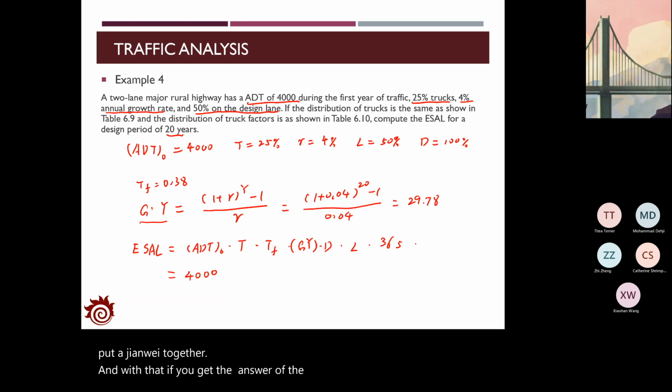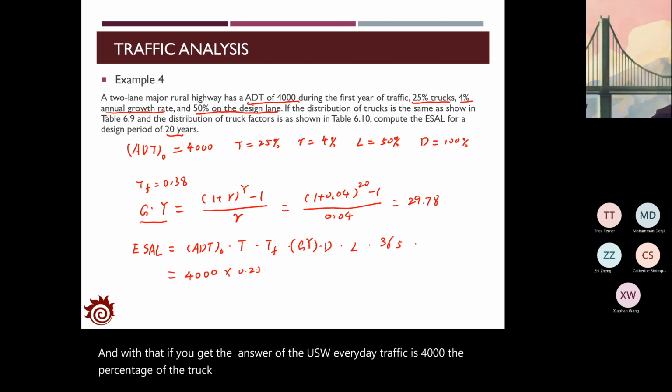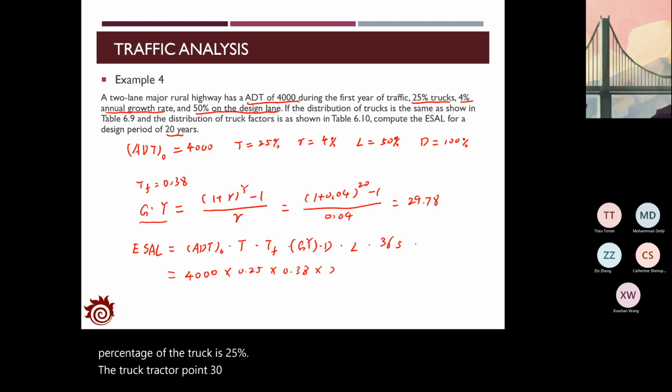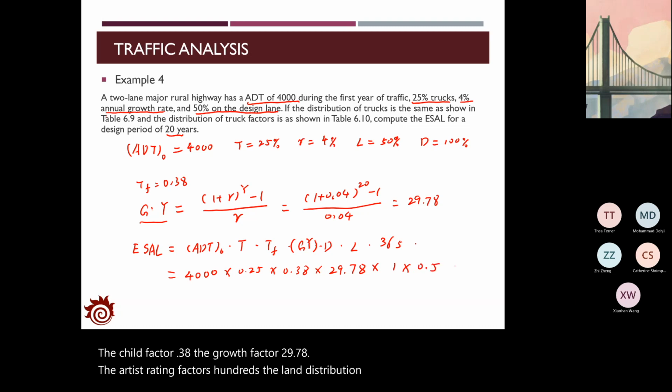Average daily traffic is 4,000. The percentage of trucks is 25%. The truck factor is 0.38. The growth factor is 29.78. The directional distribution factor is 100. The lane distribution factor is 0.5.